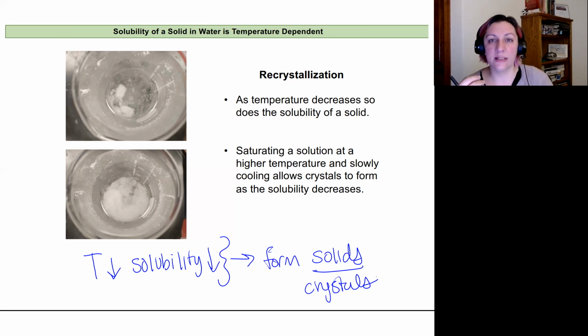So when you do this technique, you always lose some of the compound you're interested in, because it stays dissolved in the liquid, which we usually call at that point the mother liquor, which is kind of a fun phrase. So we've done this in the lab before and we'll do it again, and it's a great technique.